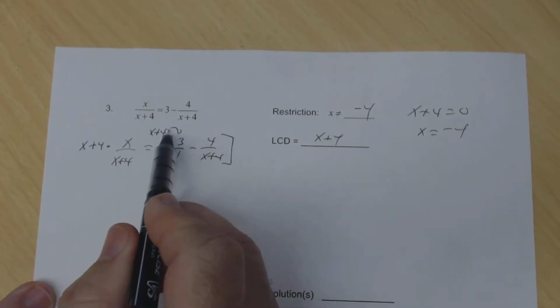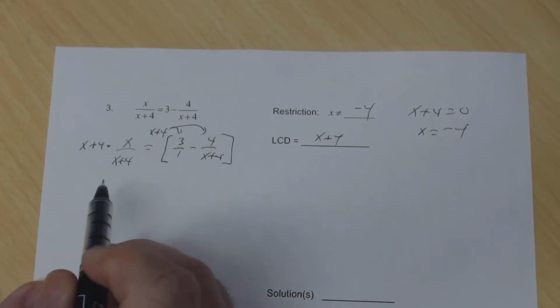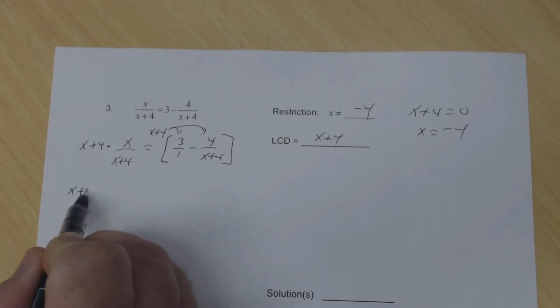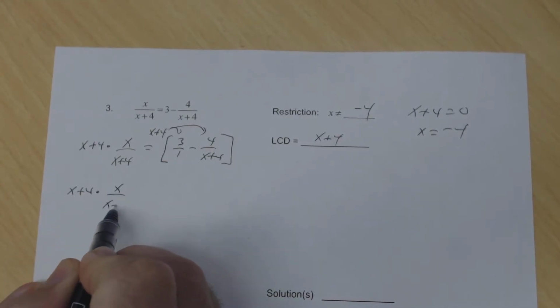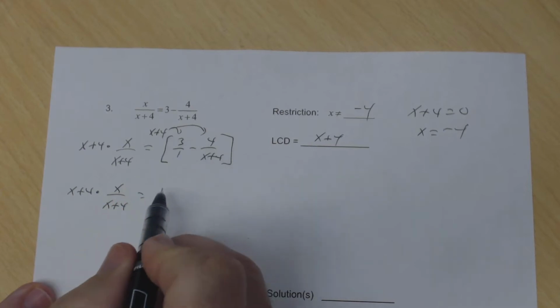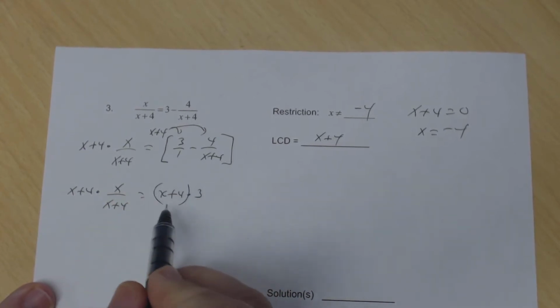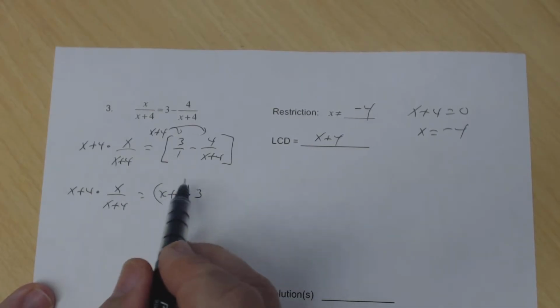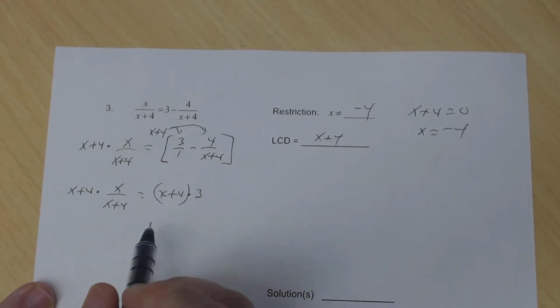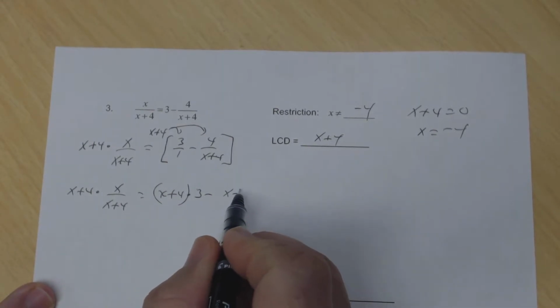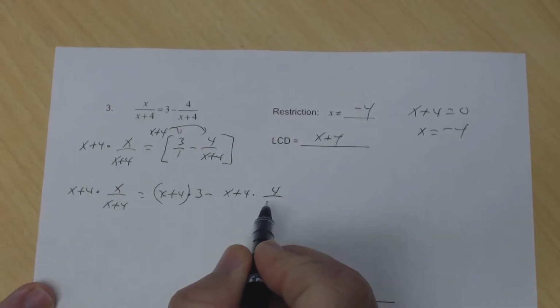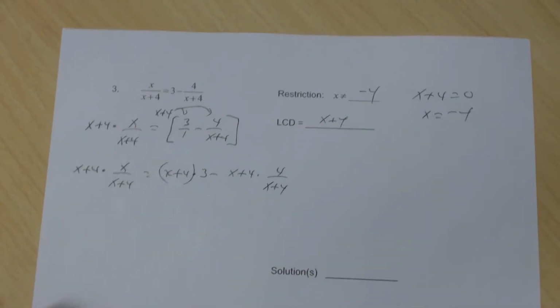Now distributing this, let's rewrite this over. I get x plus 4 times x divided by x plus 4 equal x plus 4 times 3, and again I put that in parentheses because that 3 has to be multiplied by all these terms in here, minus x plus 4 times 4 divided by x plus 4.